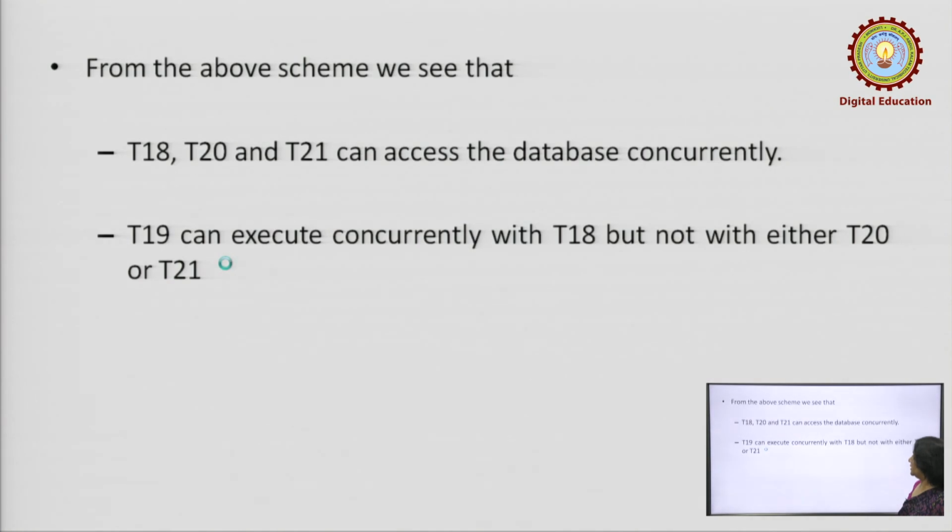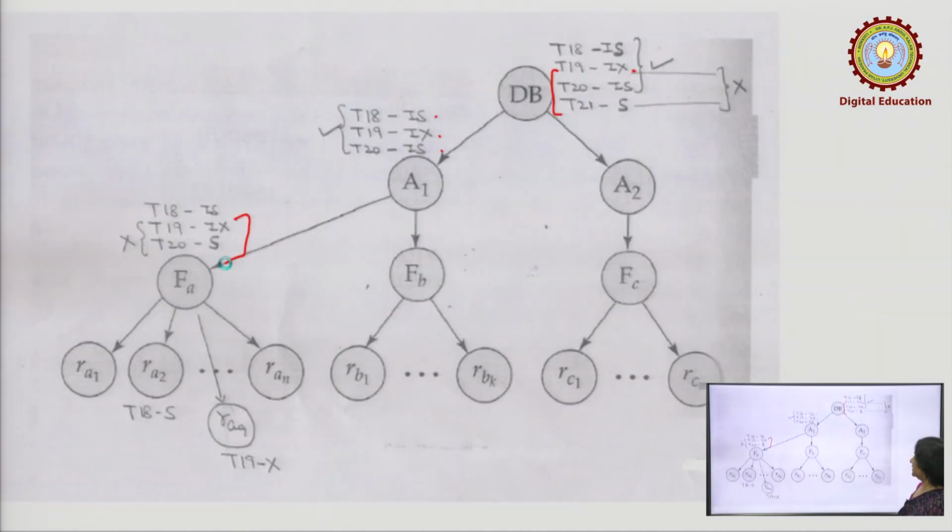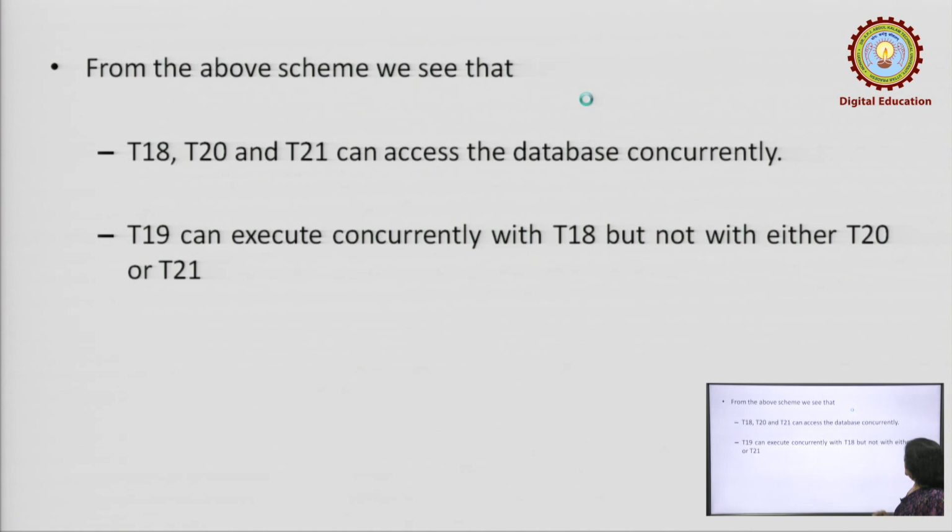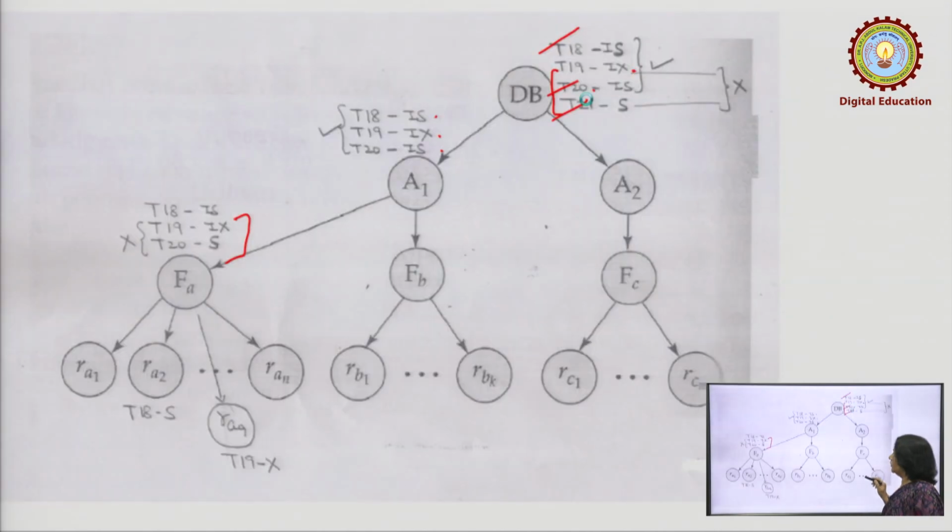From this we can conclude that in this example T18, T20 and T21 can access the database concurrently. T19 can execute concurrently with T18, but not with T20 or T21.